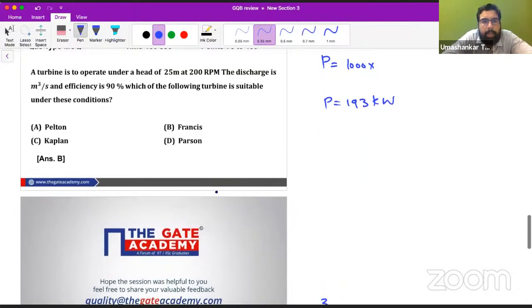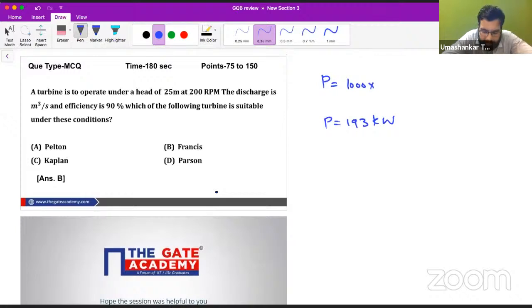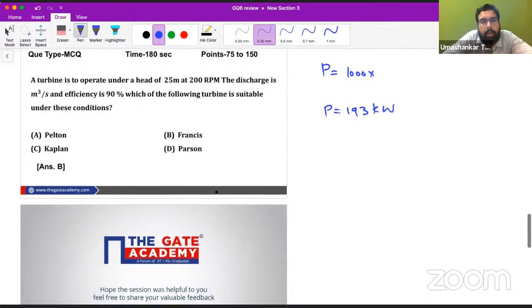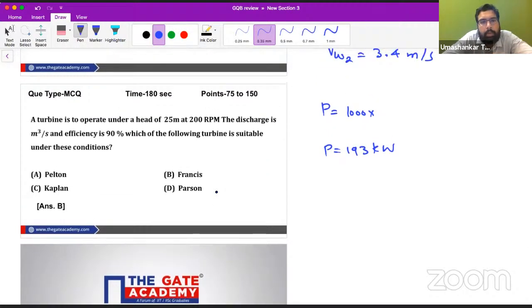A turbine is to operate under a head of 25 meter and at 200 RPM. The discharge is, and efficiency, following turbine is suitable for. So I think something is mistaken here, because discharge is not given.